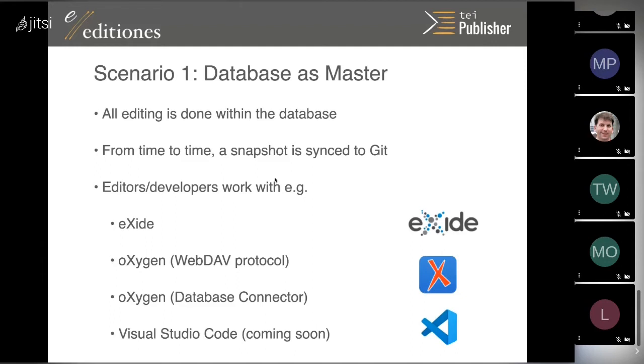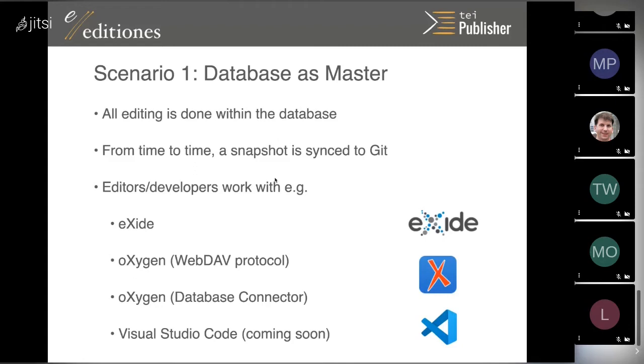For the editors or tools people can work with, this means that you have a choice. First, eXide, eXist's web-based editor. Obviously, this always works inside the database, so whatever you change there will be saved into the database. Then there's our favorite XML editor, Oxygen, which provides two ways to connect to an eXist database.